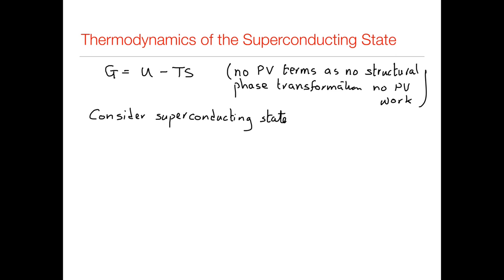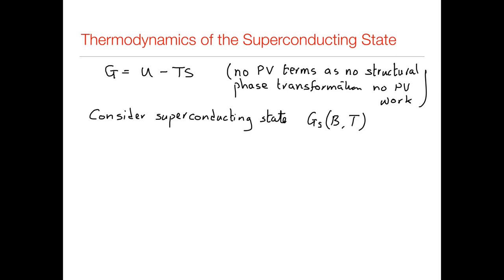Okay, so the Gibbs energy of this, we'll call that GS. Let's say this is a function of the magnetic field we apply and the temperature that we're at. So we just need to think a little bit about magnetic work.